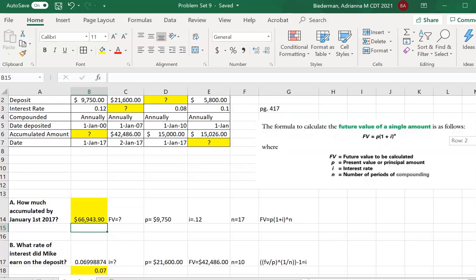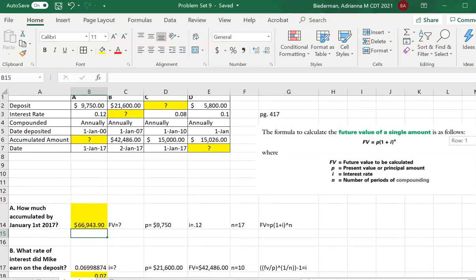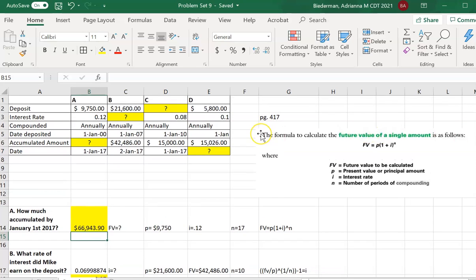What rate of interest did Mike earn on the deposit? So this one we're solving for something different, but we're still going to be using this exact same equation. Okay, so the original amount you deposited was $21,600. It's compounding annually, so we know we're going to be using this formula.